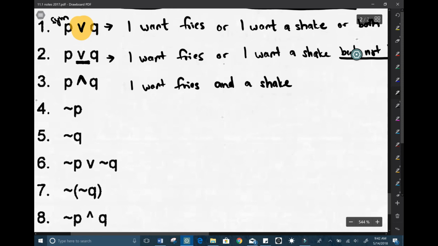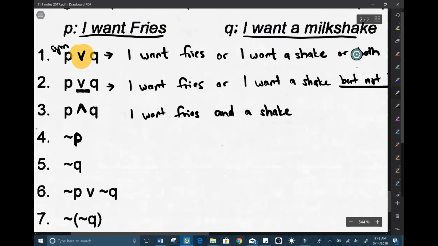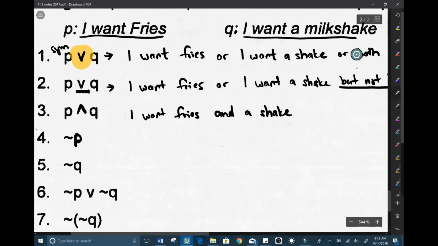This is not P, so it's going to be the opposite. So our thing is I want fries. We're going to say I don't want fries. The negation of Q is I don't want a milkshake. I don't want a shake.